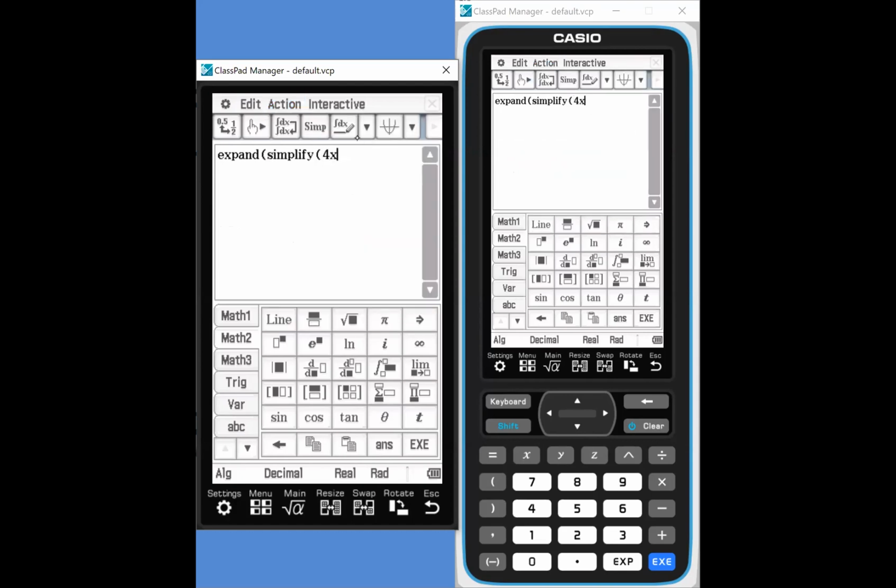We had 4x all squared multiplied by 1 take brackets 1 take x over 3 all squared.